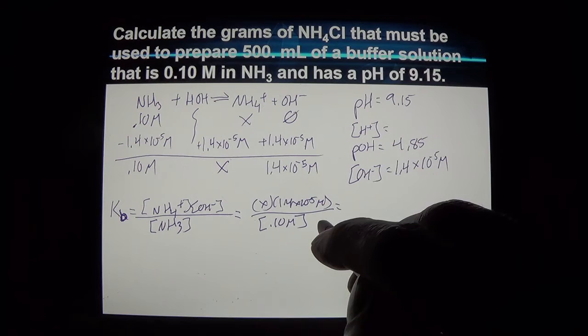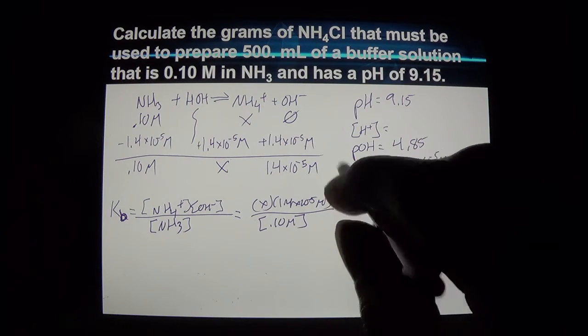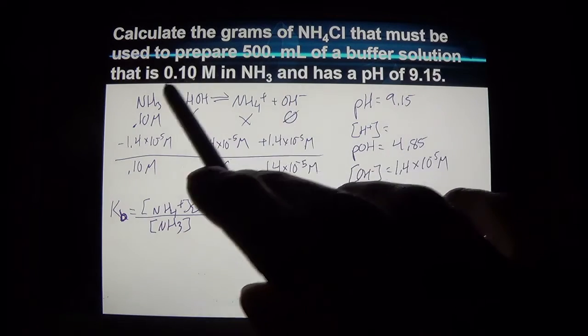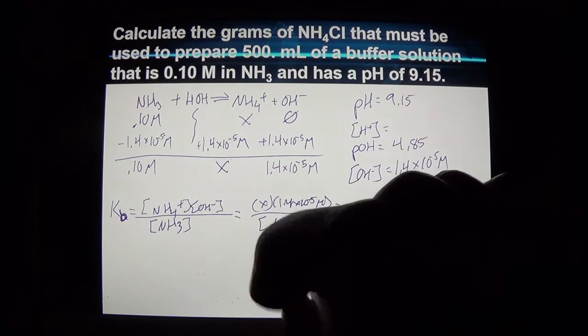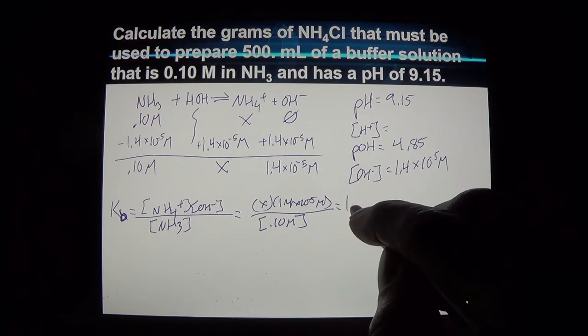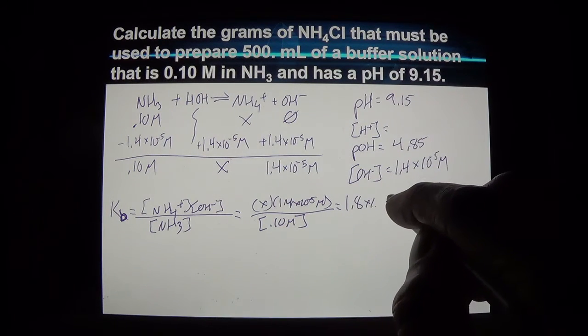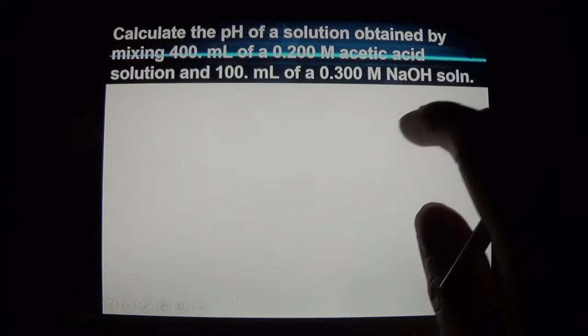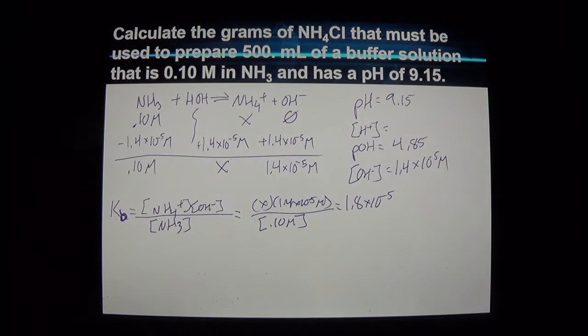What do I do for a Kb? Okay, well, this is working with ammonia, and so we would look up a Kb for ammonia, which is 1.8 times 10 to the minus 5. Okay, so again, on homework and stuff, you would look it up; on tests, on quizzes, on the AP exam, it would be given to you.